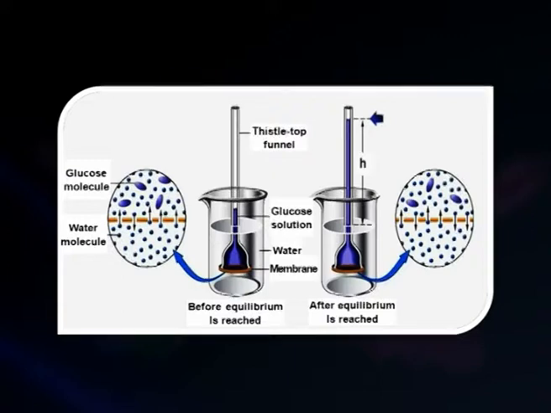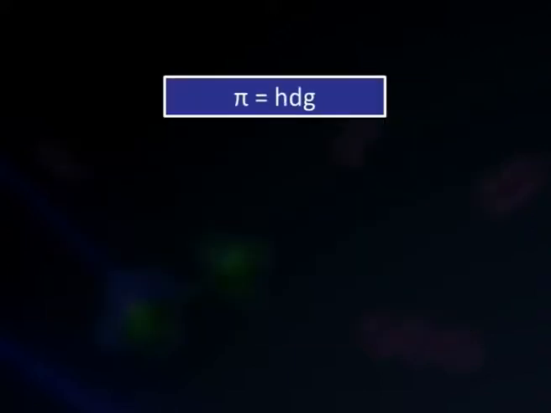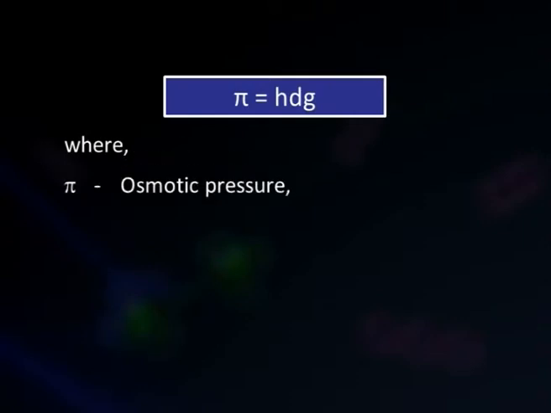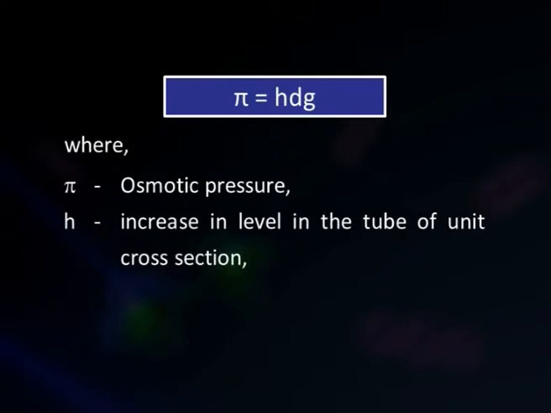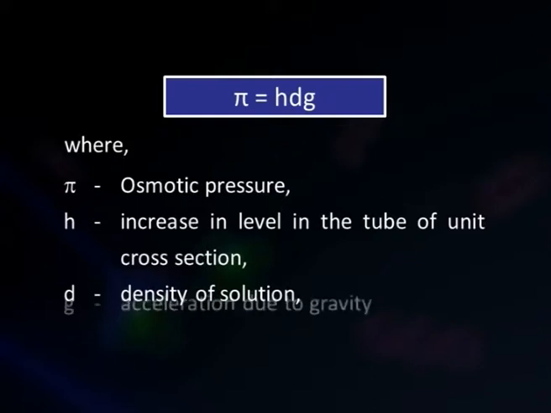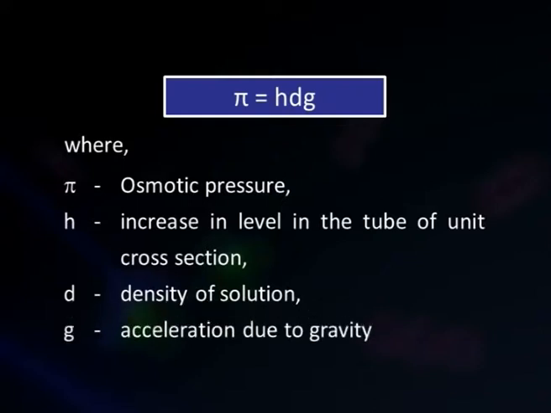At this situation, osmotic pressure is given as pi = hdg. Here pi denotes osmotic pressure, h is the increase in level due to osmosis, d is density of solution and g denotes acceleration due to gravity.